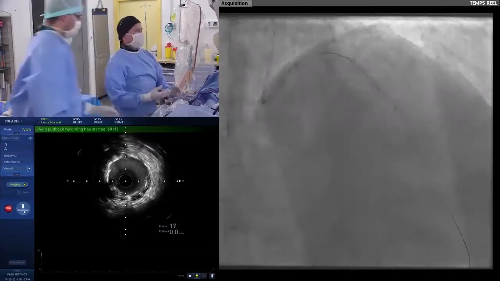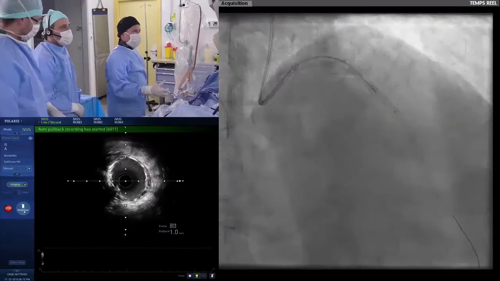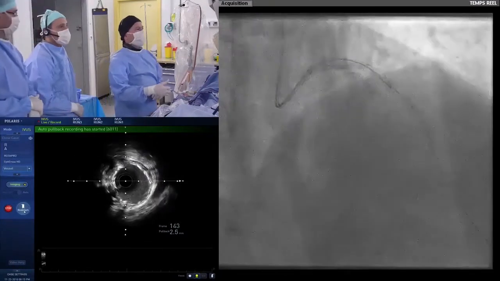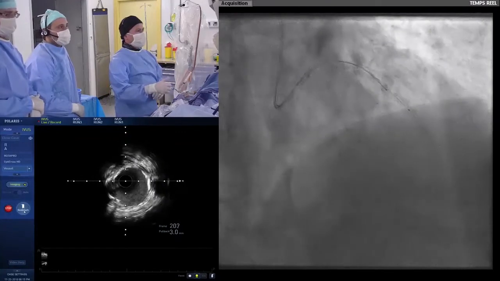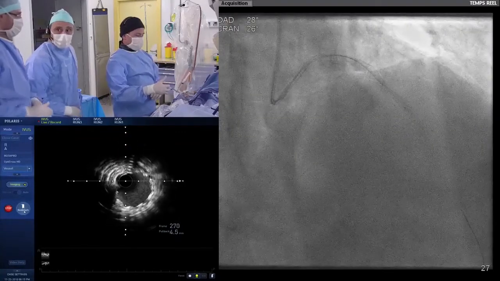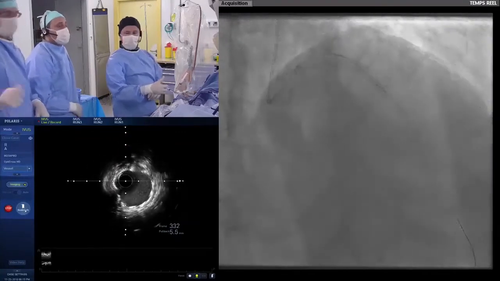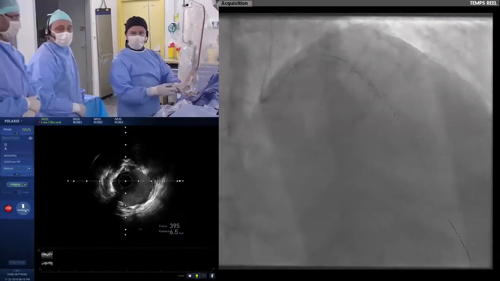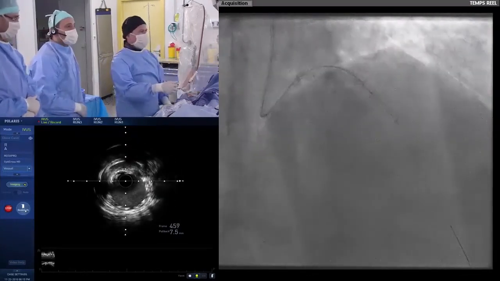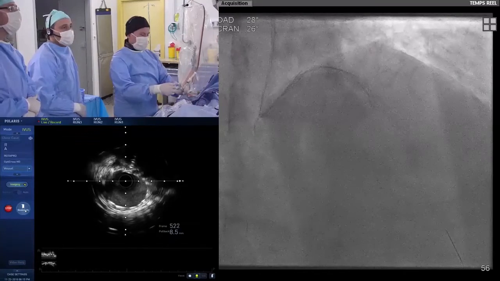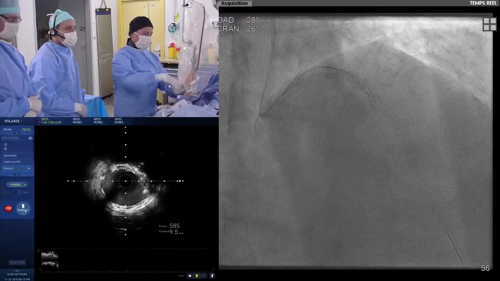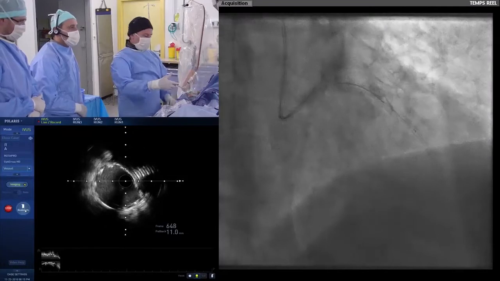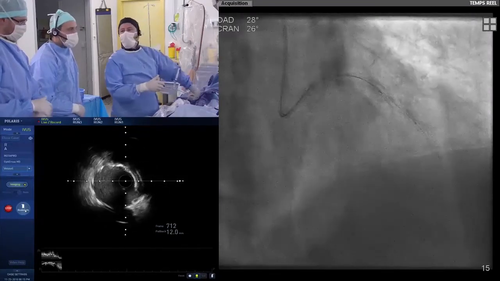Well, one possibility is to use high pressure balloons, but as you said, the risk is always to have a vessel rupture even behind the stent struts. That can always occur. We might think to do stent ablation as well. This has been performed, even though it's a kind of technique that I wouldn't recommend for colleagues who are starting to have experience on this.